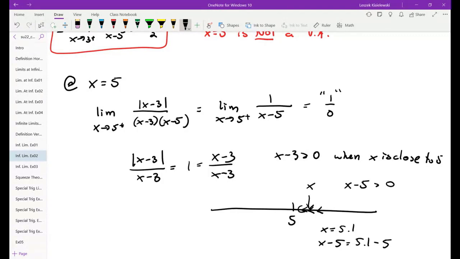So we get something that's approaching 0, but is slightly positive. So the denominator goes to 0, but from the right. So positive 1 over something that goes to 0 from the positive side. Positive divided by positive is positive infinity. So this one-sided limit was infinite. So we know that x equals 5 is a vertical asymptote.